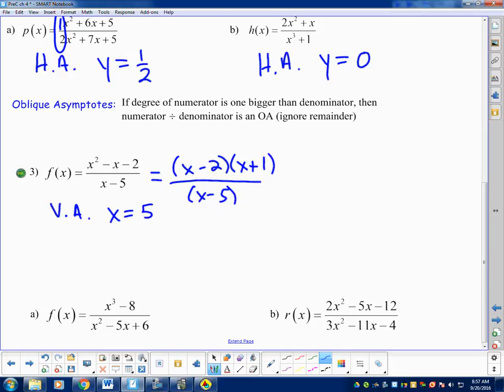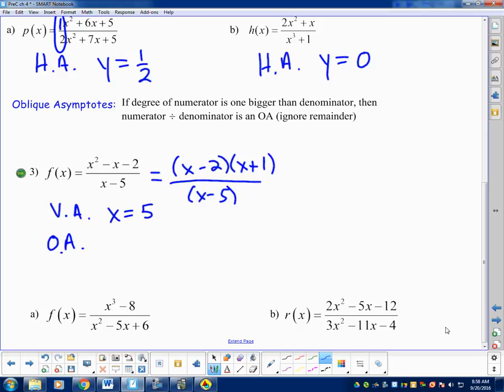And then the oblique asymptote. By the way, does this one have a horizontal asymptote? No, because the degree of the top is bigger than the bottom, so it does not have one. But the oblique asymptote is going to be whatever I get when I divide the bottom into the top and ignore the remainder. Remember I said ignore the remainder. So can I do the division here?